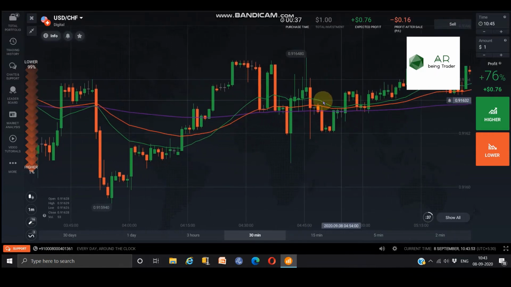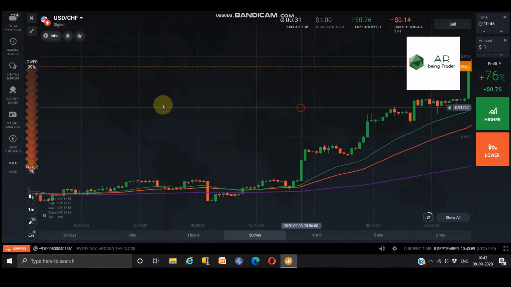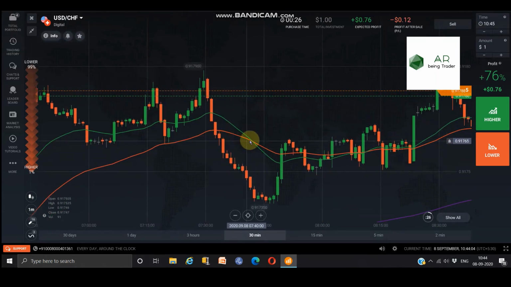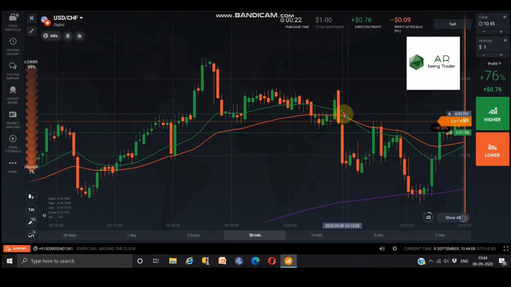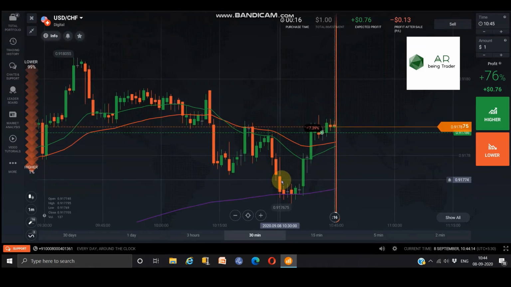If you are placing your trade for forex and you place it here, you can see the next crossover of 50 and 26 is here, and still the market didn't cross this 200.